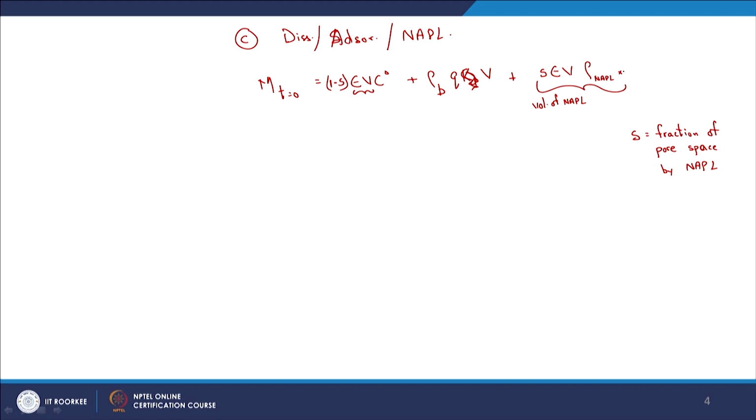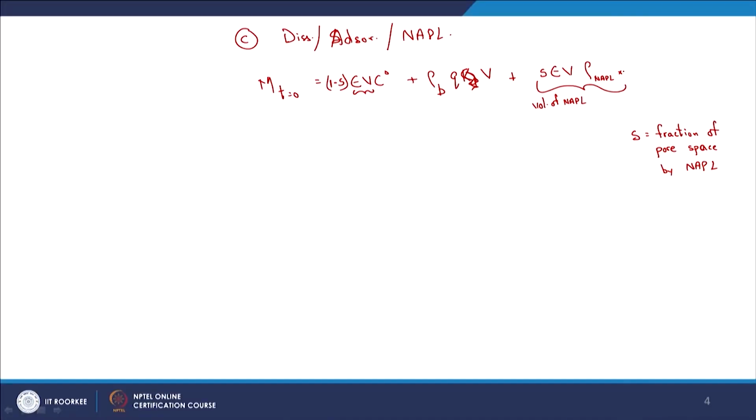And NAPL itself may not be the relevant contaminant, or it may be acting as a reservoir for the contaminant. So there can be two cases: the relevant contaminant can be the NAPL itself, or some other non-aqueous phase liquid can act as a phase in which the relevant contaminant is present. So I am going to multiply that by X, where X is the fraction of contaminant present in the relevant NAPL.